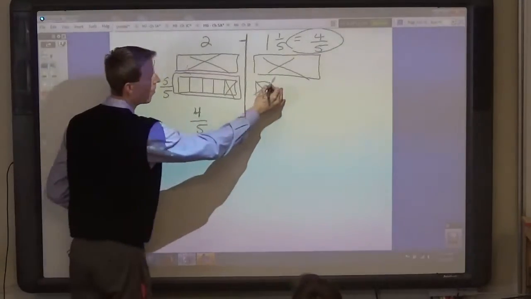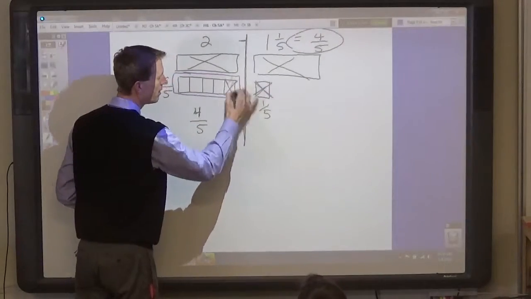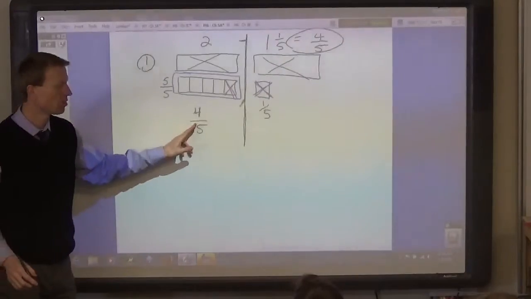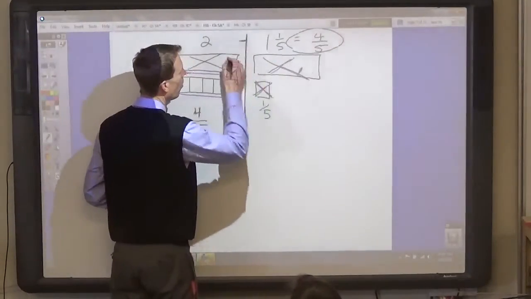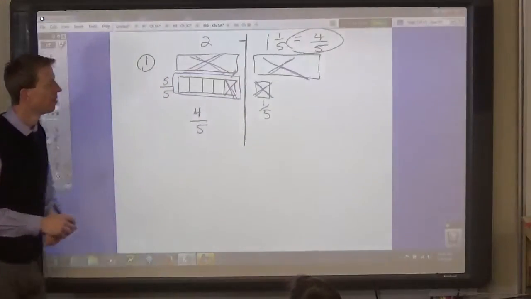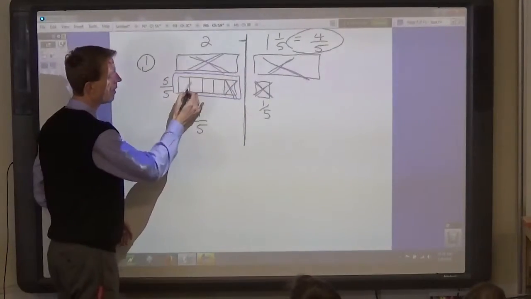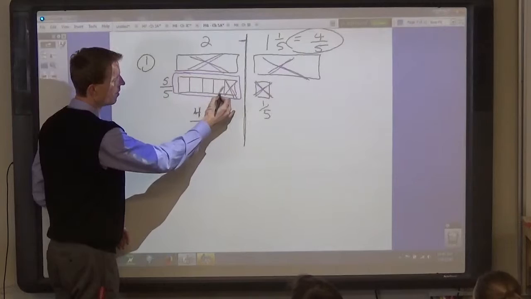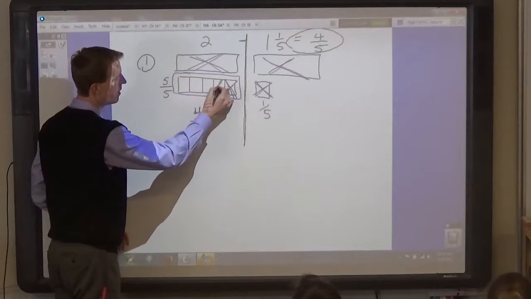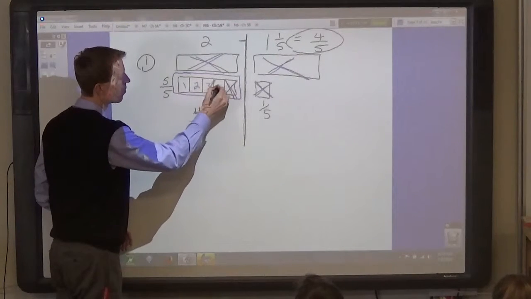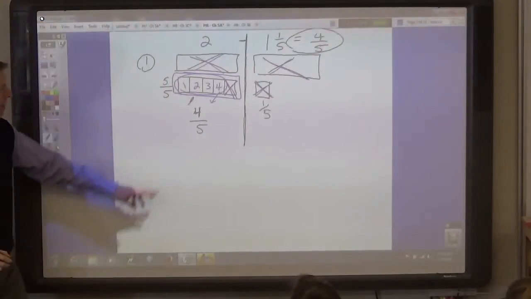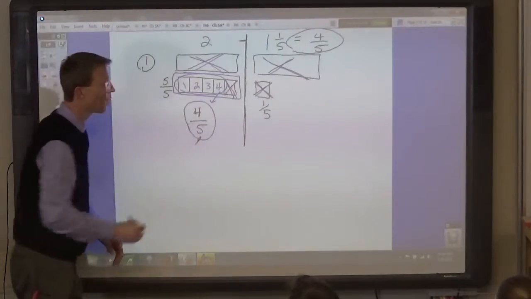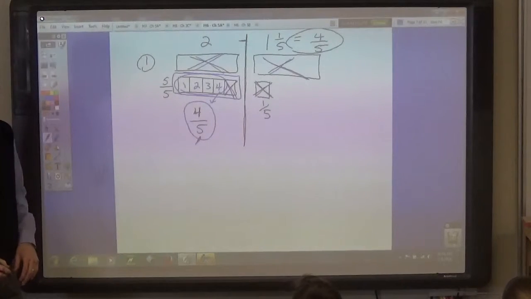And then take 1 away. That's what this X means. We're taking 1 piece away. And then we're taking away the whole. So we're left with this answer, 4/5. That's what this is. These pieces, 1, 2, 3, 4. This is what's left in our model. And so this is the answer to the question, 4/5.